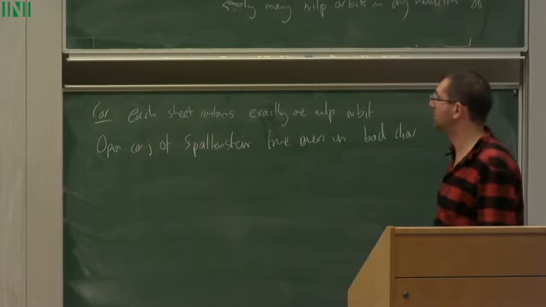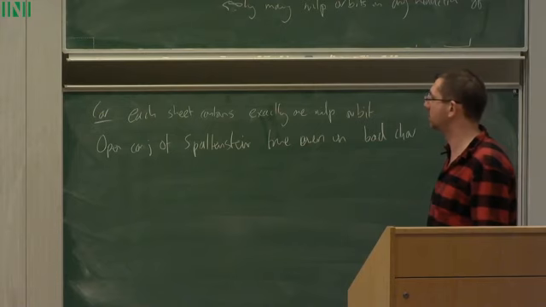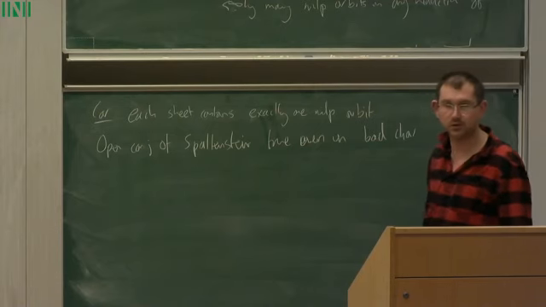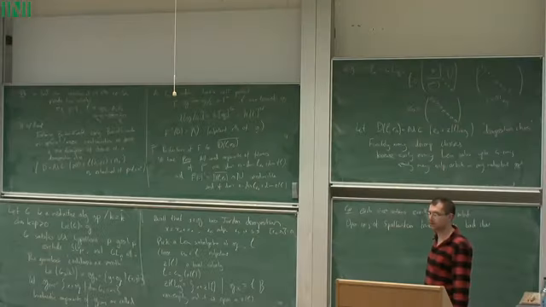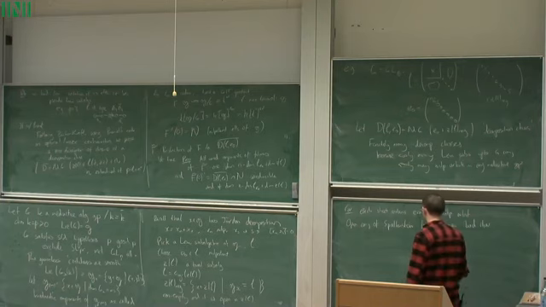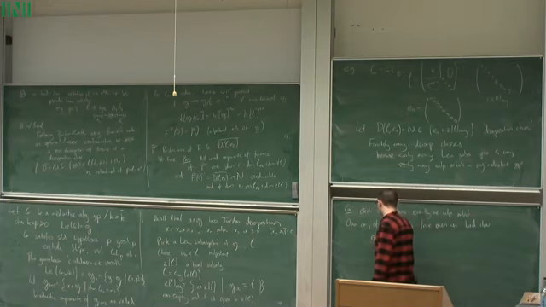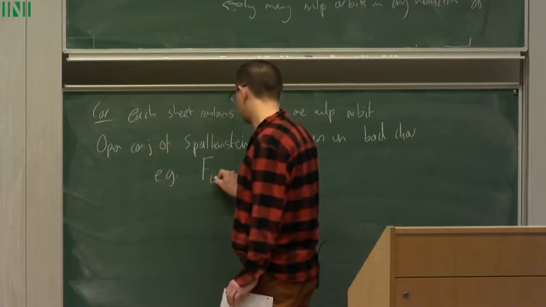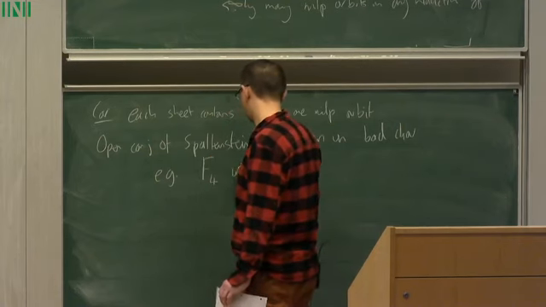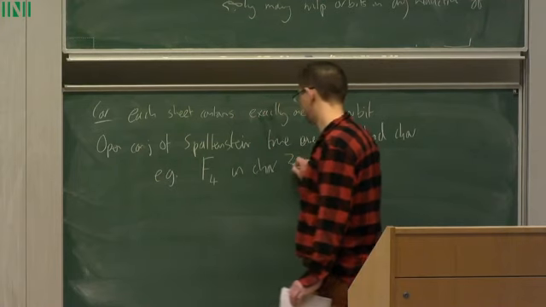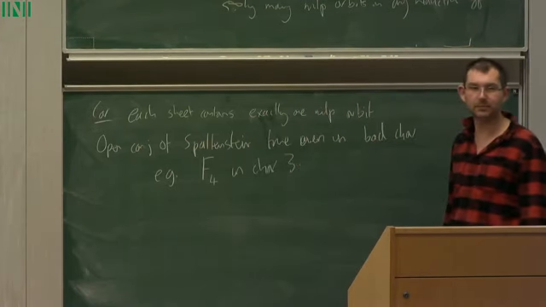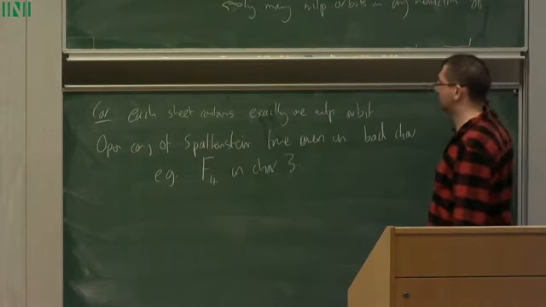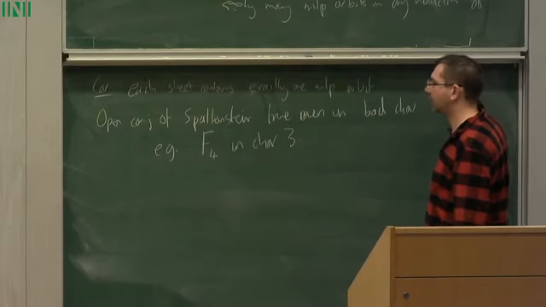I wouldn't be surprised if nowadays algebraic geometry software on computers is good enough to do the base case, which I think at the moment, the lowest case open, is F4 in characteristic 3. I think that's still open, so that might be worth thinking about.